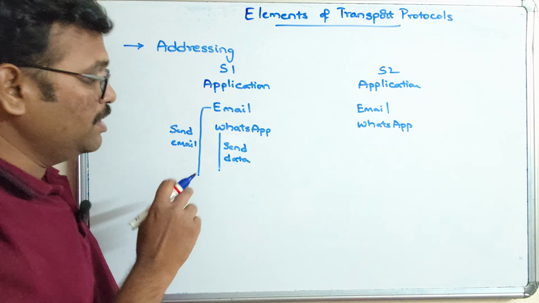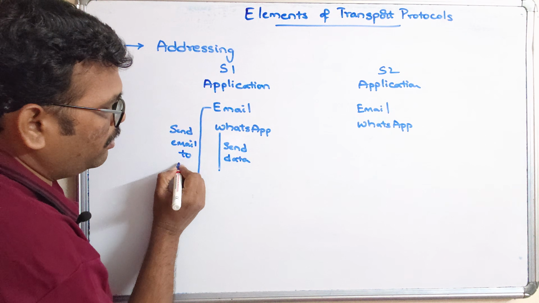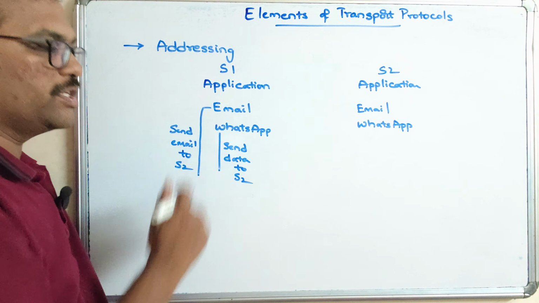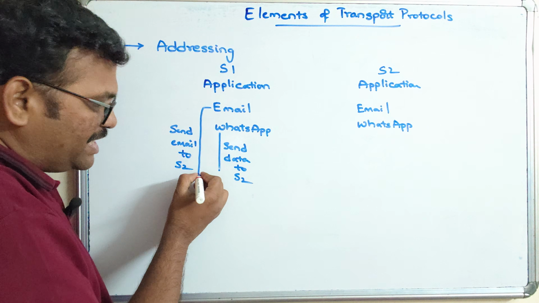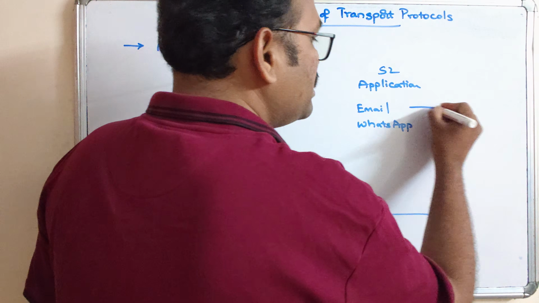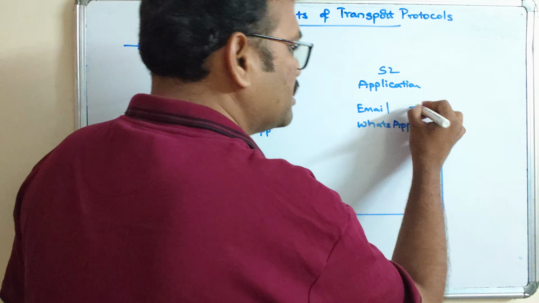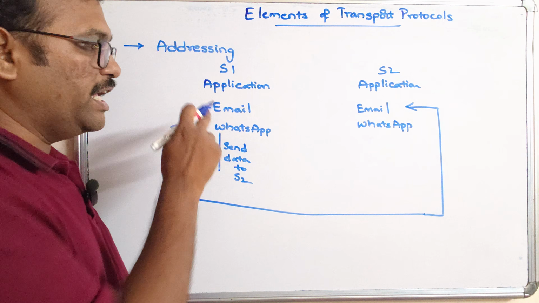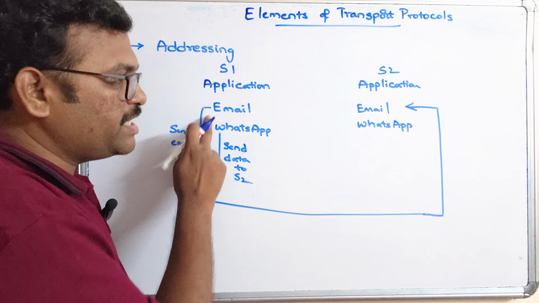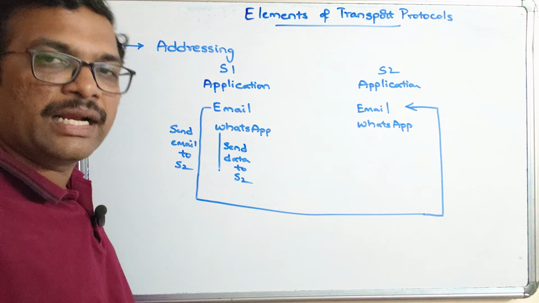So what should be done? Send email to S2, send data to S2, from S1 to S2. This email should be sent to the email in the second system only. The email should not be sent to WhatsApp of the second system. Email should be sent to the email of the other system.